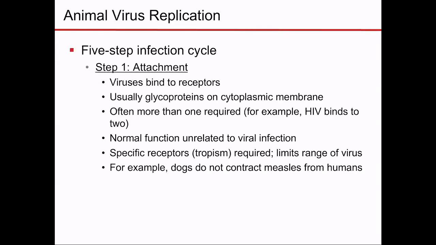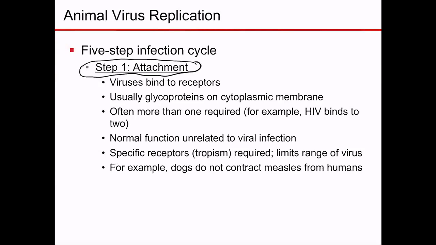Remember, the first step that we discussed was attachment. Attachment, again, is the process that will guarantee the specificity of that virus to infect a particular tissue or a particular cell. Why?